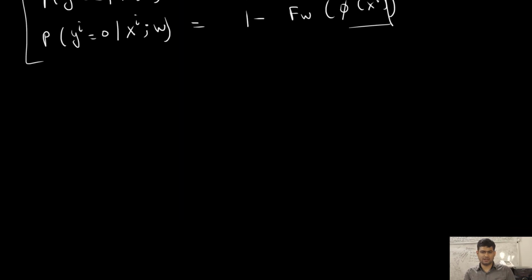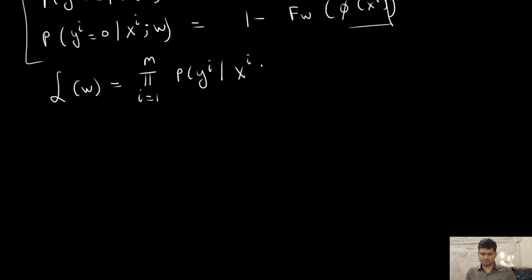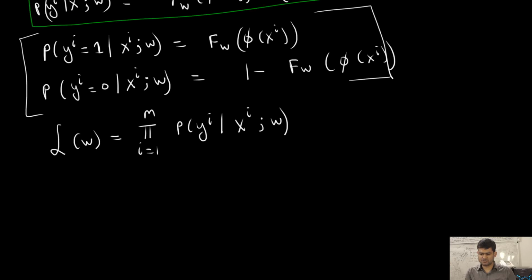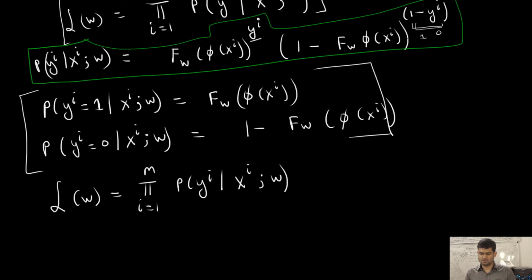So now we can write the likelihood as the product of the probability of yi given xi parameterized by w, and we can plug in this equation over here.